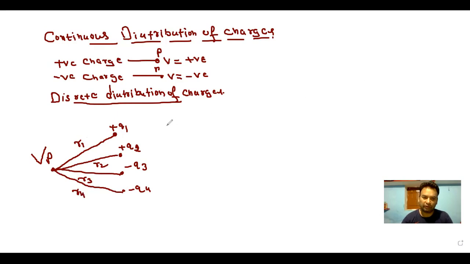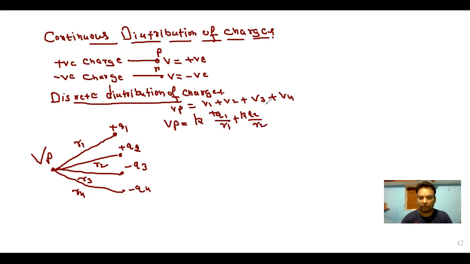So now what is VP? VP is equal to V1 plus V2 plus V3 plus V4. And this V1, V2, V3, V4 depends upon the polarity of the charge. So V1 is positive, so it is K Q1 upon R1. V2 is also positive, so this is K Q2 upon R2.